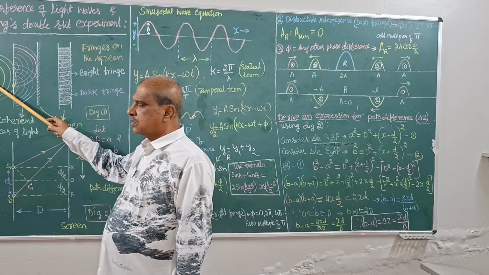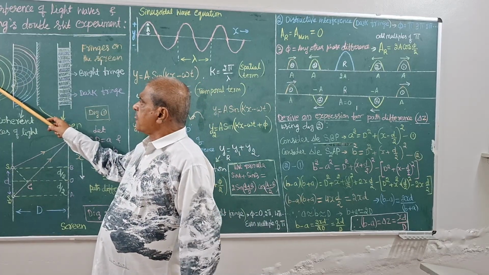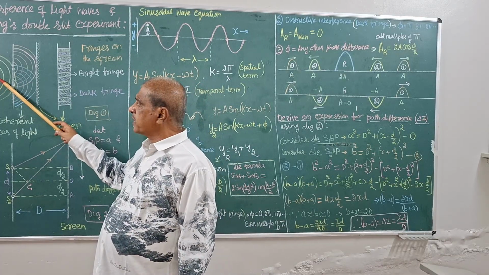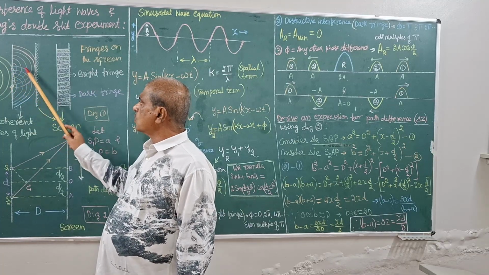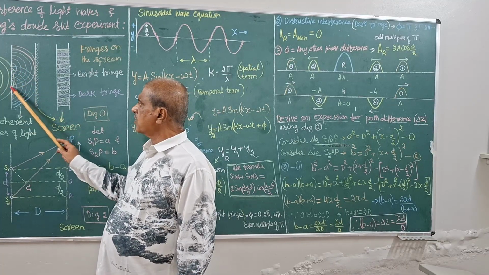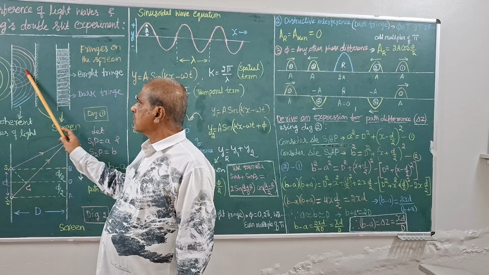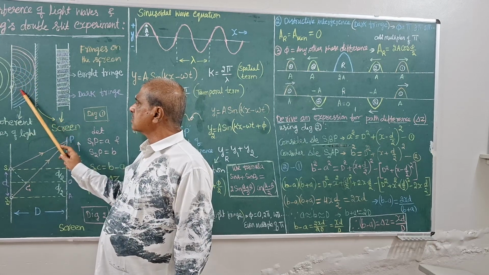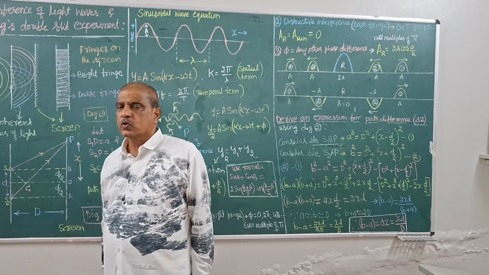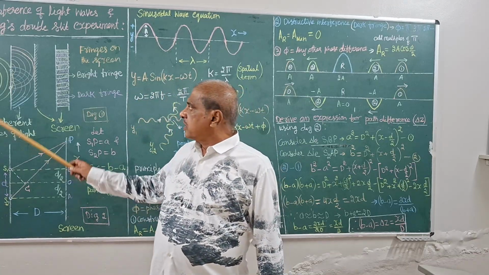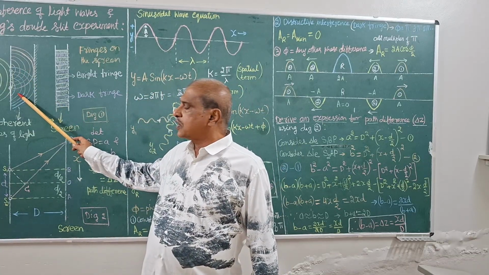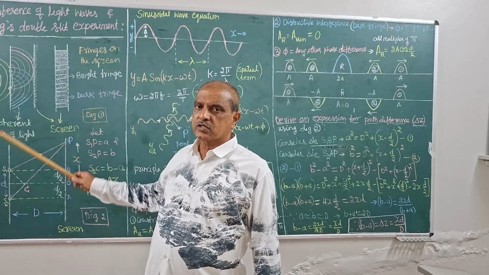From this single source, the light will come out as two different sources of light. These two lights are said to be coherent sources of light.